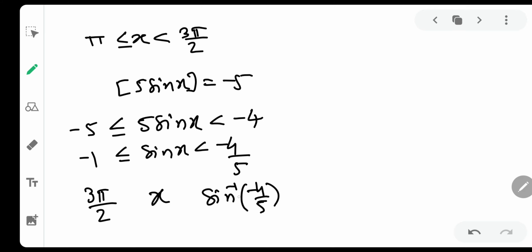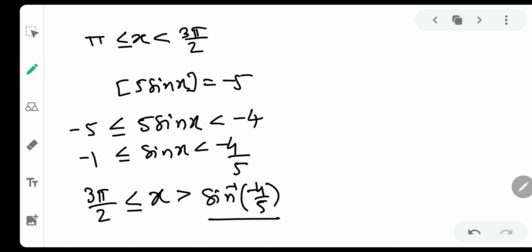So x has to be greater than or equal to sine inverse of minus 4 by 5, and x has to be lesser than or equal to 3 pi by 2. Sorry, over here there won't be equal to sign because minus 4 by 5 is not included. So basically x is lying between sine inverse of minus 4 by 5 to 3 pi by 2.